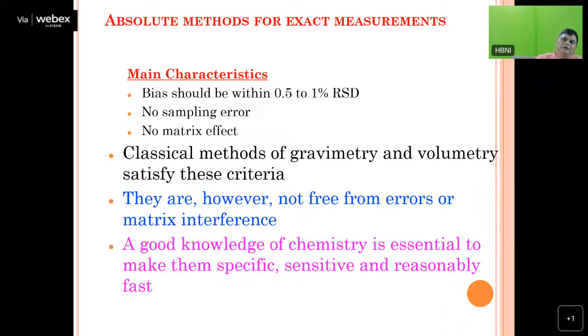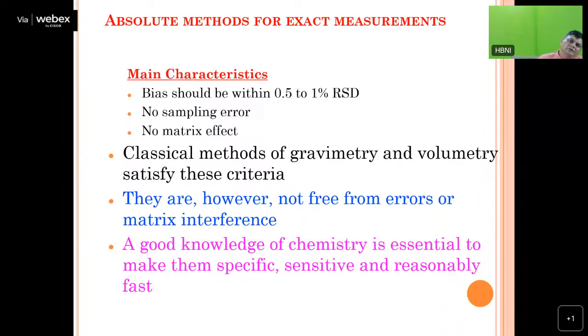In general, we get about 5%. But absolute methods, meaning gravimetric methods, are the only methods where the RSD is less than 1%, so it should be only 0.5 to 1%. It means that the results are very good and accurate.